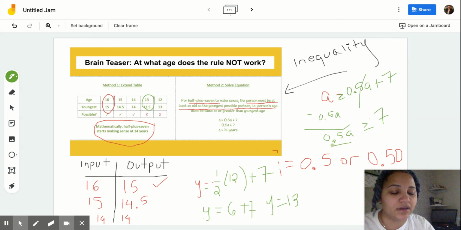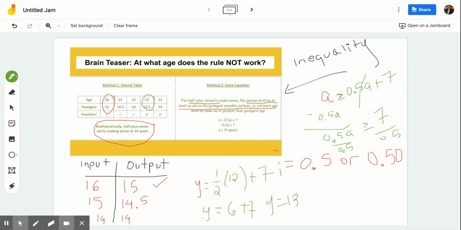And now I'm going to divide that. If I was to divide 7 by 0.5, and I just want to show you guys what that would look like, 7 divided by 0.5, oops, not plus, equals 14.